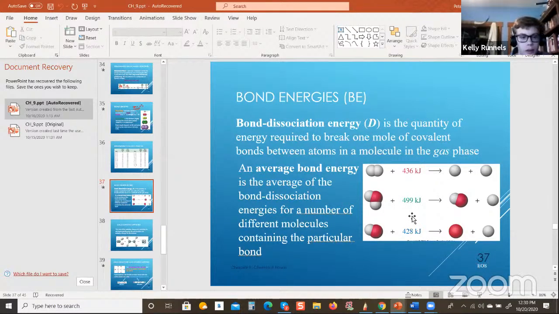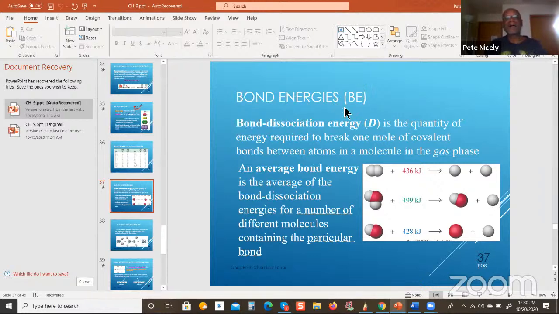Okay, good. All right, so we're going to finish up on our discussion of chapter 9 with a discussion of bond energies, or bond dissociation energies to be more precise, all right? As you can imagine, a bond is an attractive force between two atoms.